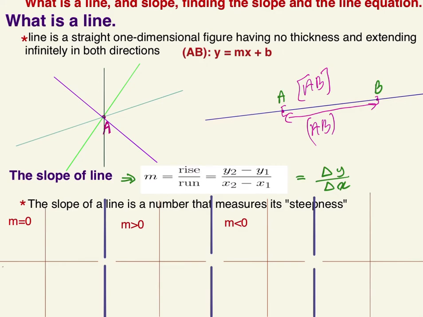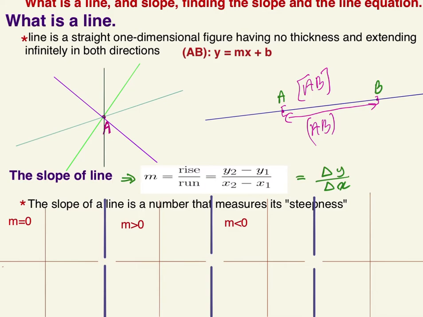So let's talk about the slope. What is the slope? We can define it as the change of the function of the line, how the line is acting: if it's going up, going down, or has no change like a horizontal line.